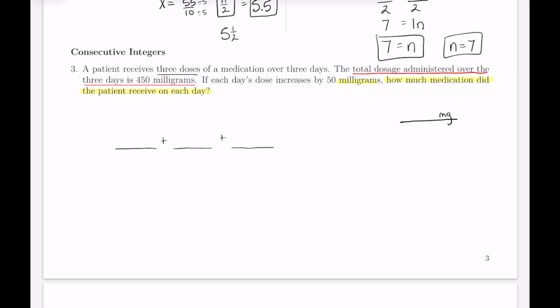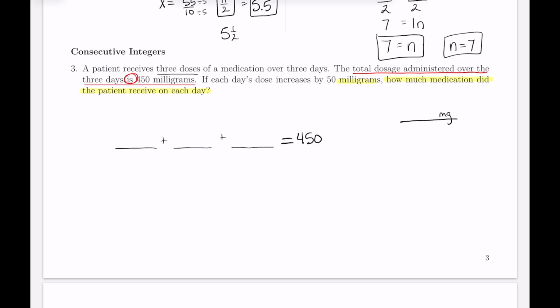Okay, so the total dosage, and then we have this word is, that's our equal sign. And if I add up the medication that I have the first day, the second day, the third day, those are going to add up to be 450 milligrams.